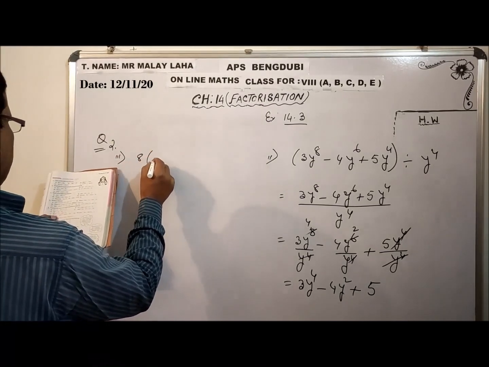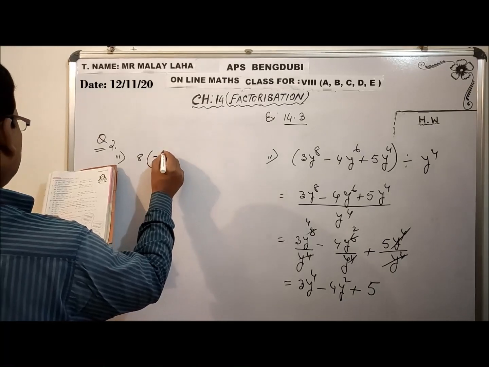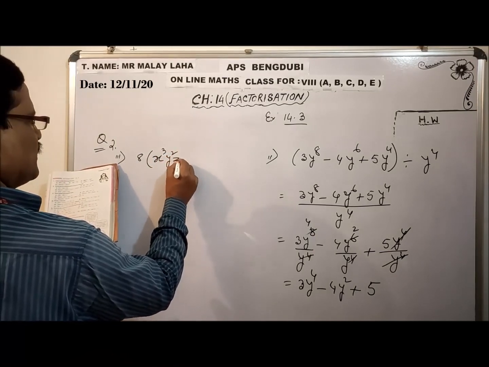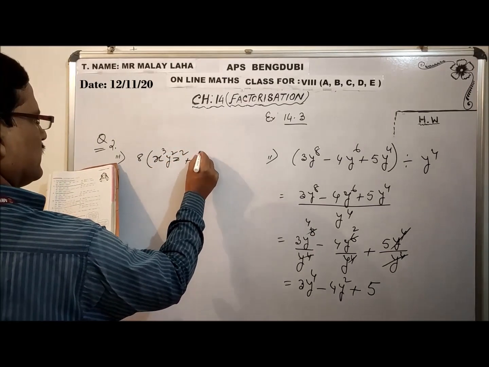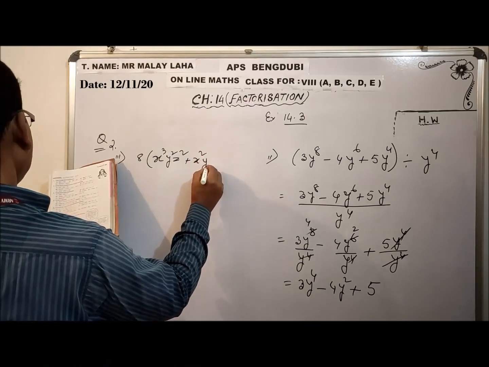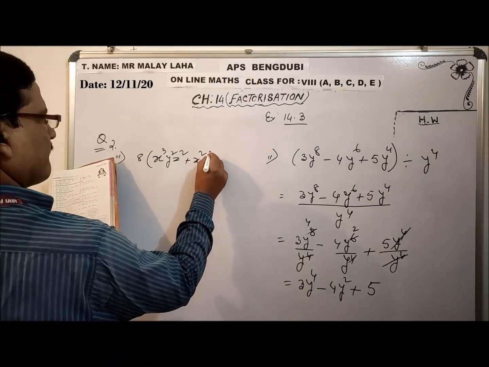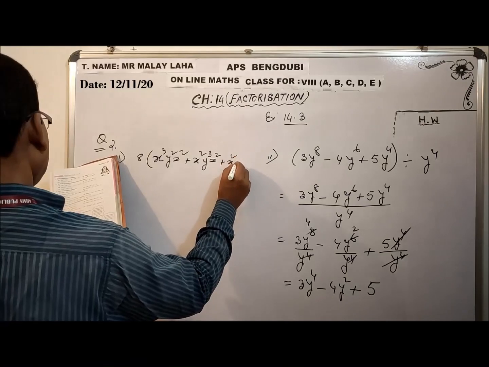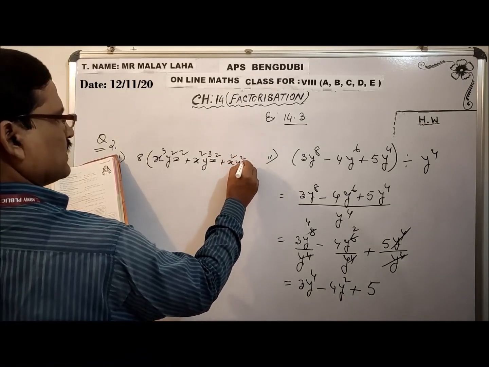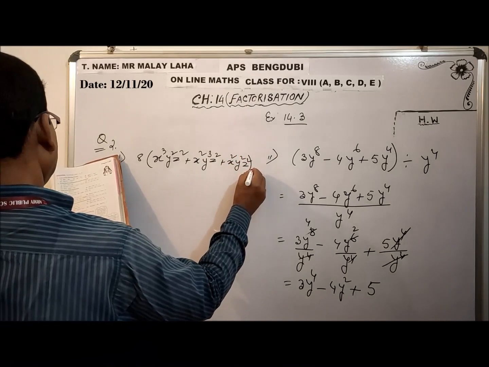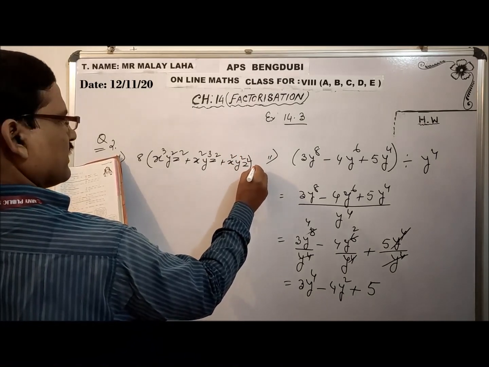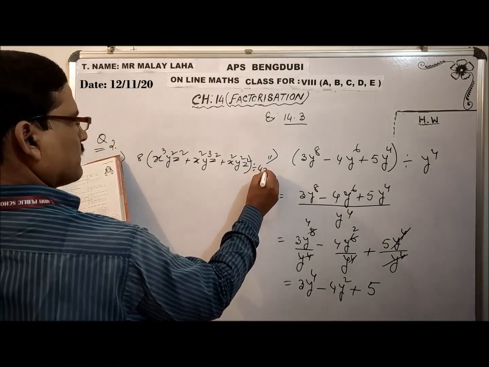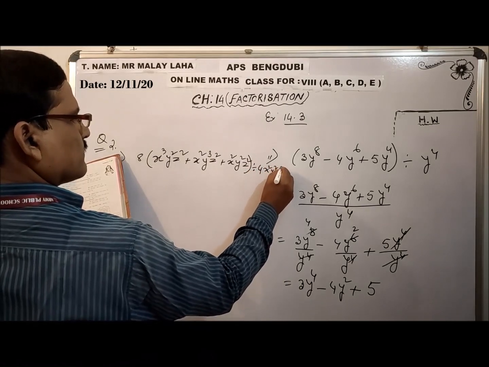So 8 in bracket x raised to 3, y raised to 2, z raised to 2 plus x raised to 2, y raised to 3, z raised to 2 plus x square, y square, z square divided by 4x square, y square, z square.